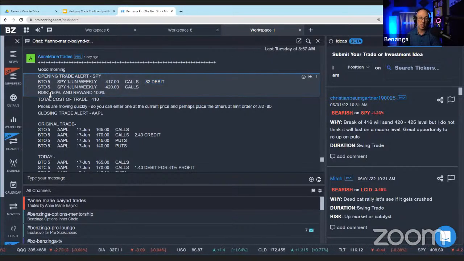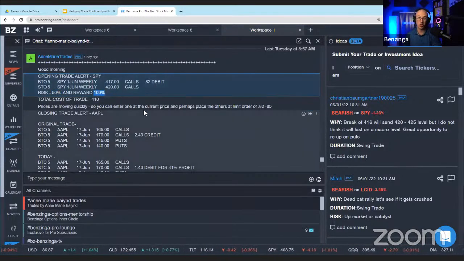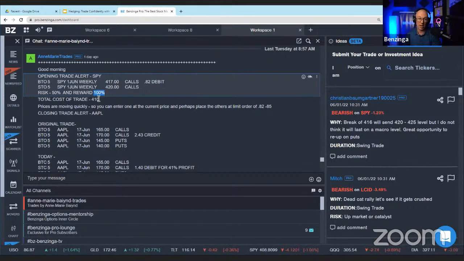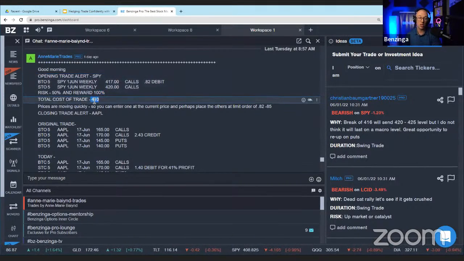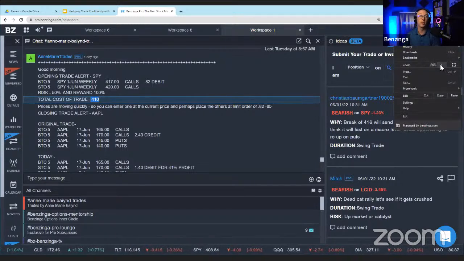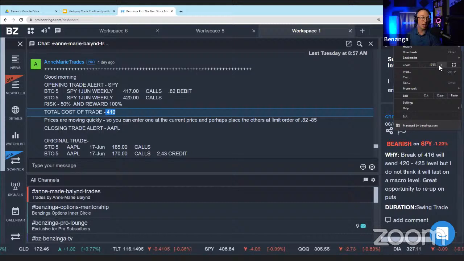And then the risk is 50% and reward is 100%. So basically, that's saying you would stop out if you lose half of the value of that spread, and then the potential reward is 100%. That's our target on this trade. So she tells you the total cost of the trade is $410. I might even zoom this in a little bit more. I think you guys can see that okay.